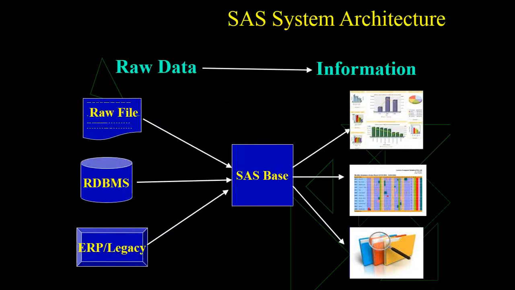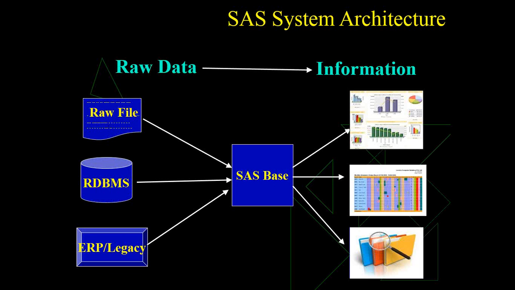What is the SAS architecture? If you have any question you can interrupt in between. In the SAS architecture, we are converting raw data to an information format. I can fetch the data from diverse sources. Diverse sources can be my Notepad file, RDBMS, Relational Database Management System, which can be SQL, MS Access or DB2, any type of RDBMS.